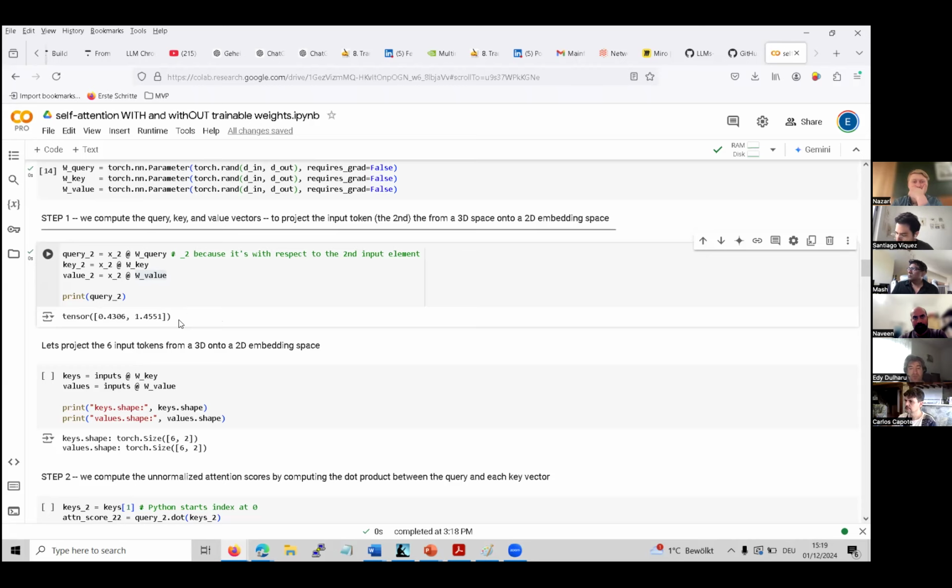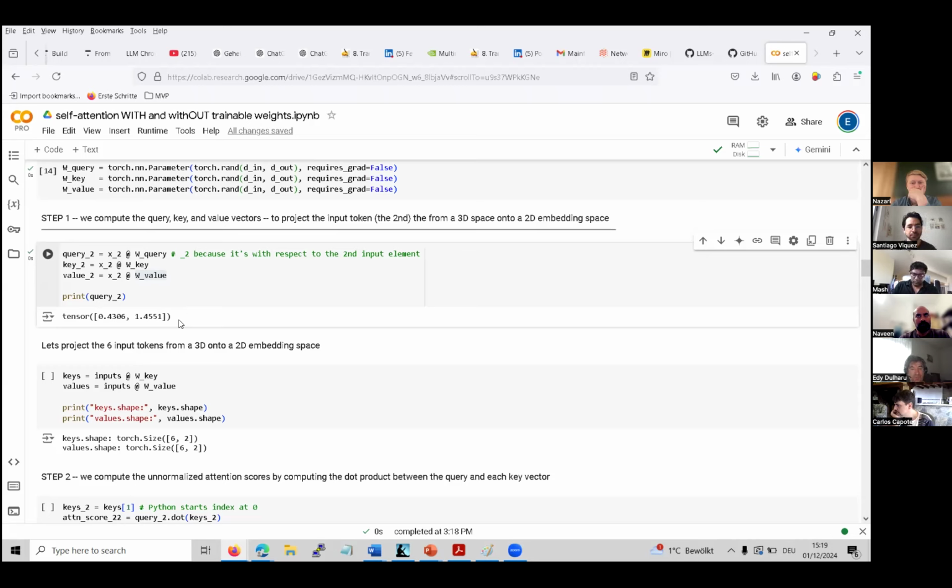So I want to compute the context vector for this word, taking into account 2 things. I want to take into account the semantic meaning of the word journey, but also encode in this context vector how journey relates to the other words in this sentence.